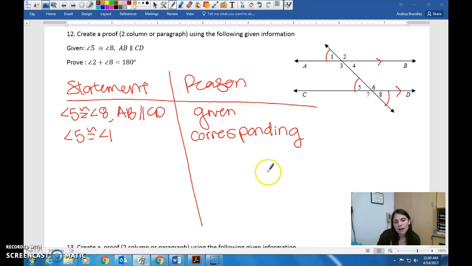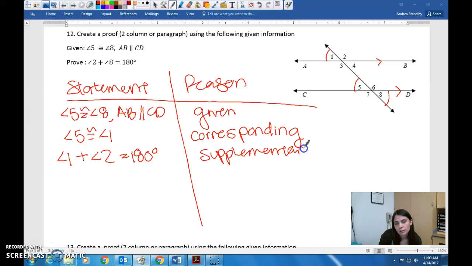And then I know that angle 1 and 2 add to 180 degrees because they're on a straight line and they're supplementary. So I know angle 1 plus angle 2 equals 180 degrees because they're supplementary, because they're on the same line. So I'll go ahead and put that in parentheses.